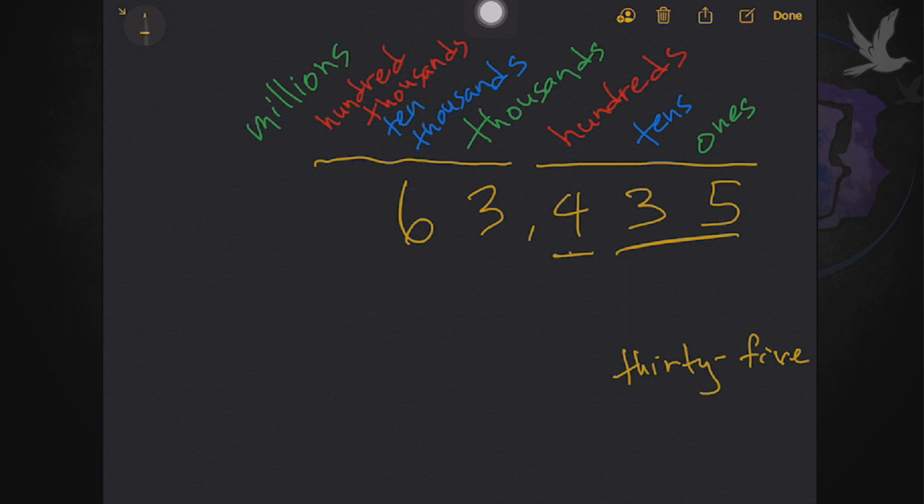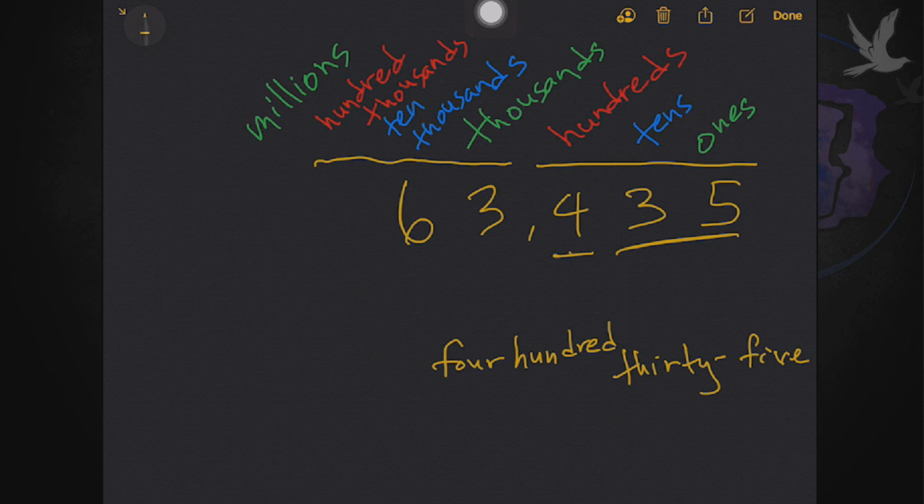So this should be read as 400. So that's 435. So this is our basic units family. Okay, 435. Going to the next family, we have the thousands family earlier.